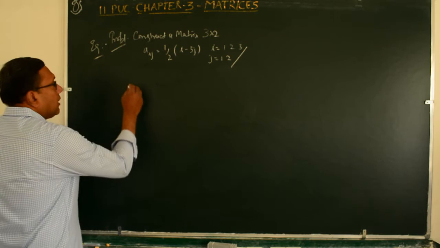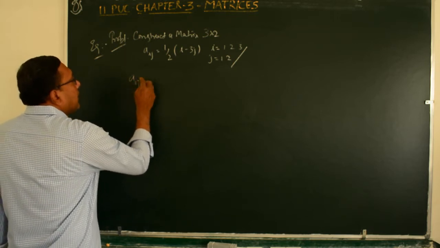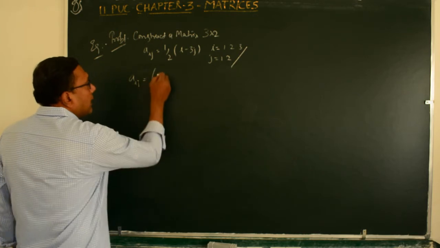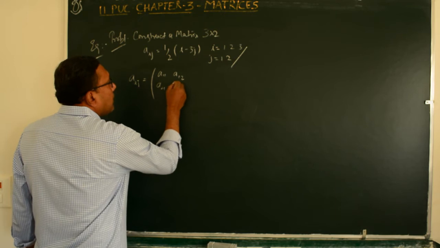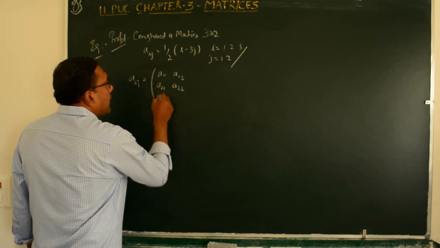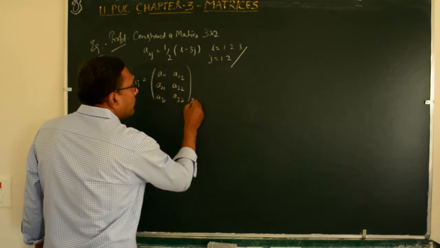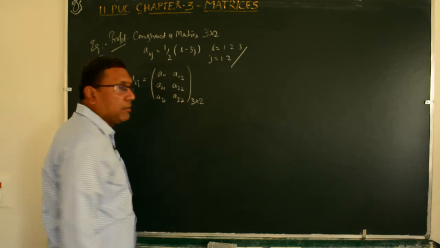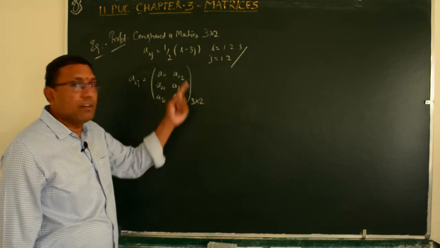Let us understand how the matrix looks like. A matrix should look like this: A11, A12, A21, A22, A31 and A32, which is an order of 3 rows and 2 columns. Let us construct this using the formula given.